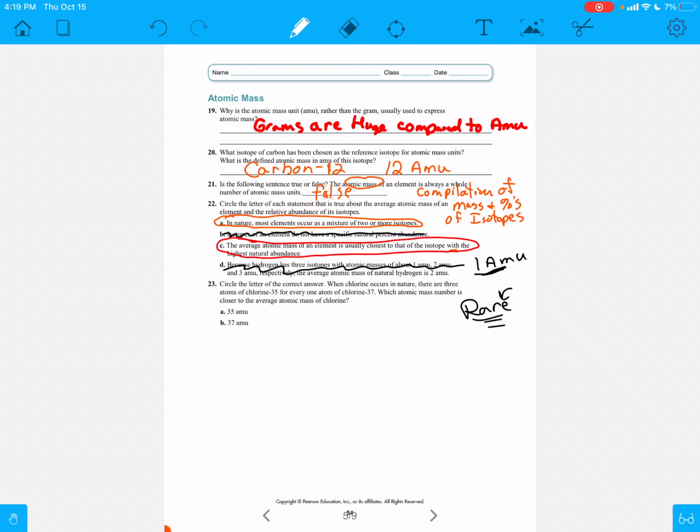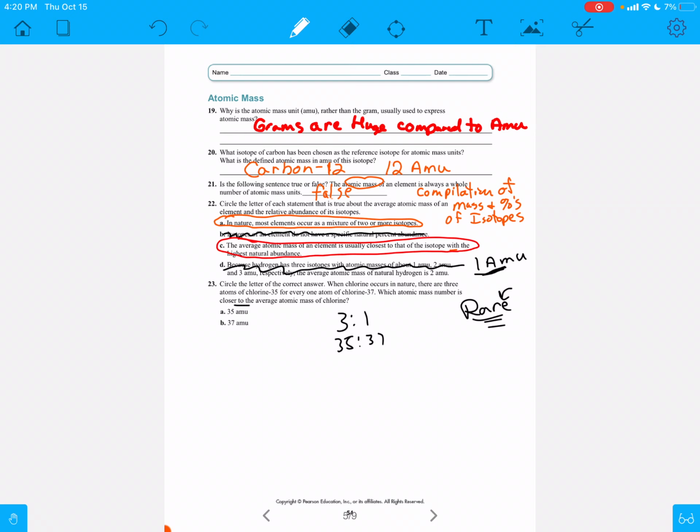The next one, circle the letter of the correct answer. When chlorine occurs in nature, there are 3 atoms of chlorine-35 for every 1 atom of chlorine-37. So we have a 3-to-1 ratio of 35s to 37s. Which atomic mass number is closer to the average atomic mass?